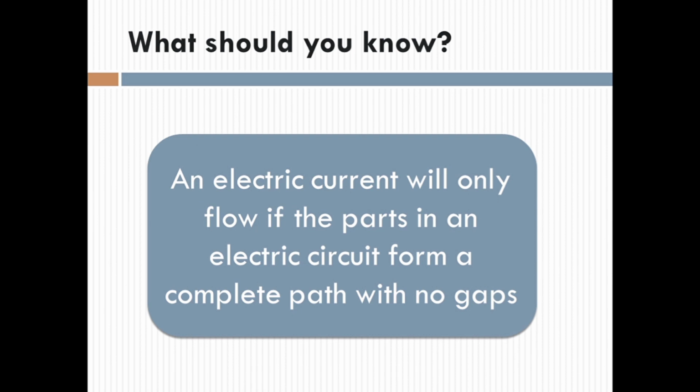Okay, so an electric current will only flow if the parts in an electric circuit form a complete path with no gaps. What does it mean? Do you still remember about electric circuits?